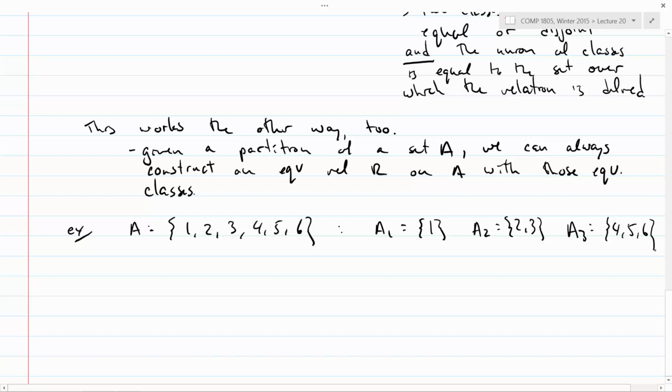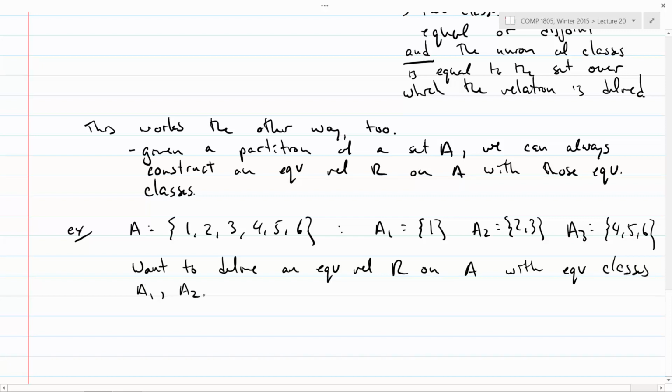And now what I'd like to do is define an equivalence relation R on A with equivalence classes A1, A2, and A3.